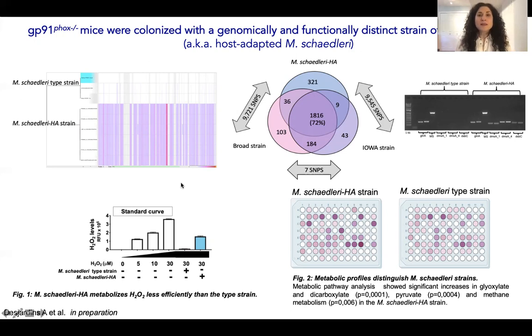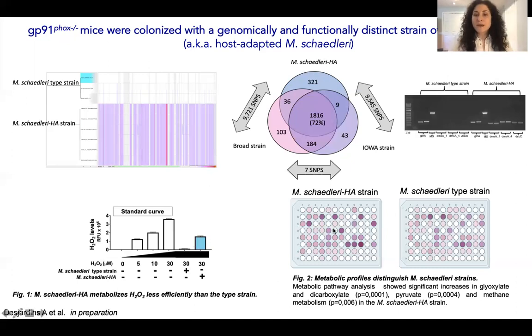At this point, knowing that we had a different strain of Mucispirillum schaedleri, not a different species, we proceeded to do some biochemical and metabolic analyses to better understand if functionally our strain was different. The first experiment was to co-culture each of our strains with exogenous hydrogen peroxide to see if there was any difference in its metabolism. We found that our host-adapted M. schaedleri strain metabolized hydrogen peroxide a lot more slowly than the type strain.